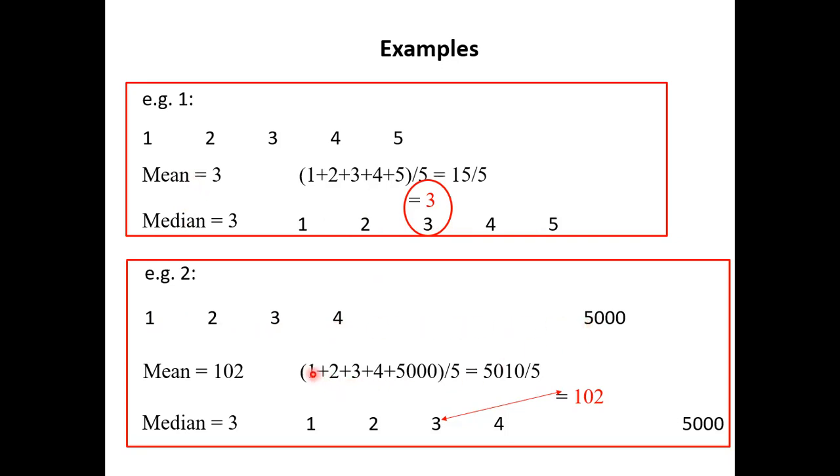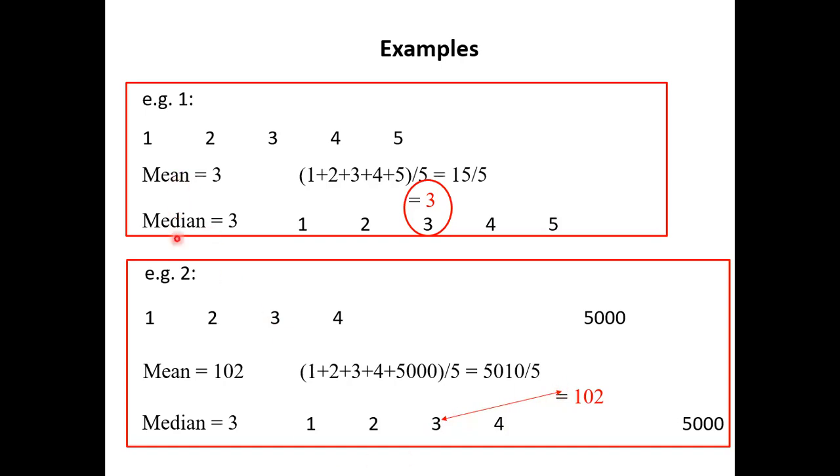If I do the mean, add all and divide by 5, the answer is 1,002. For the median, chop this, chop this, chop this, and chop this. The median is still 3. Now look at the difference: the median and mean are very far apart. That is, the data is not symmetrical.